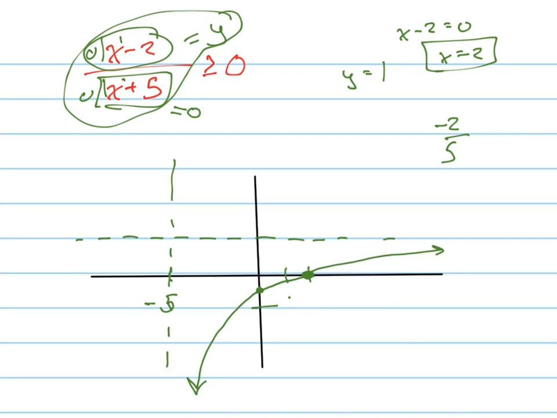And then what has to happen over here to the left? It's either above or below that horizontal asymptote. Why do I know it's got to be above?